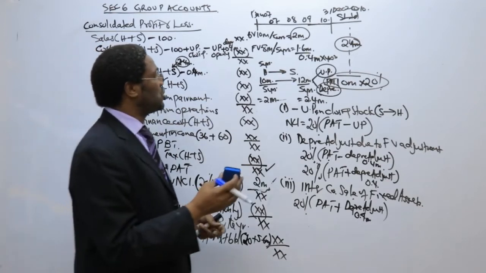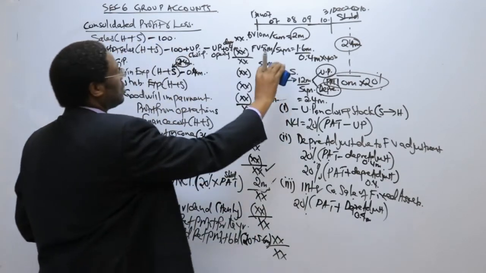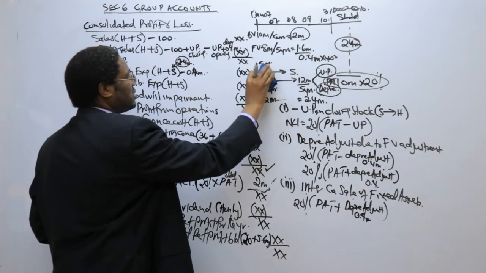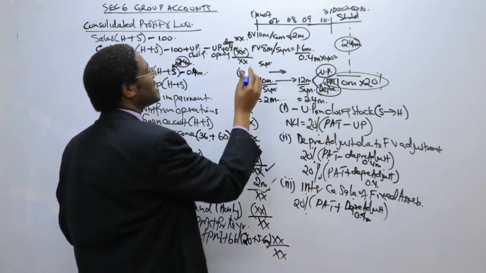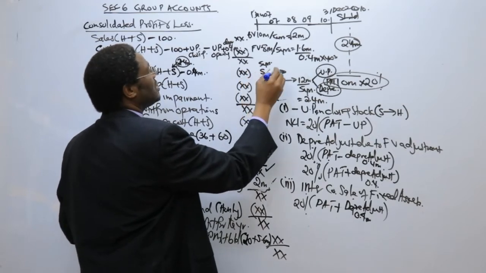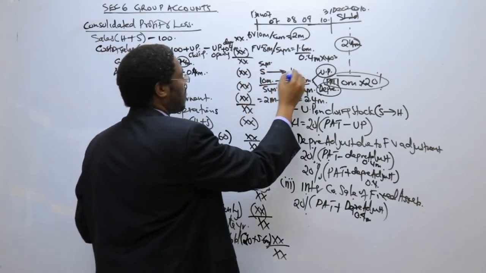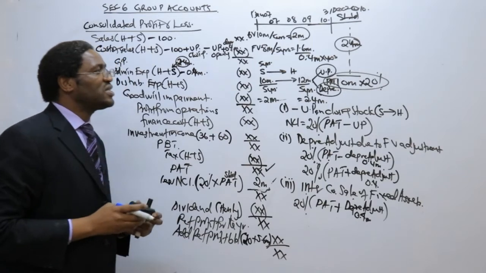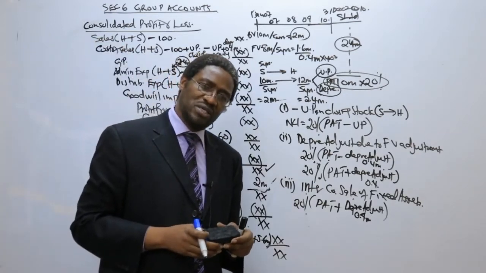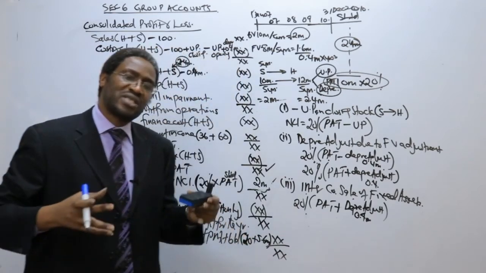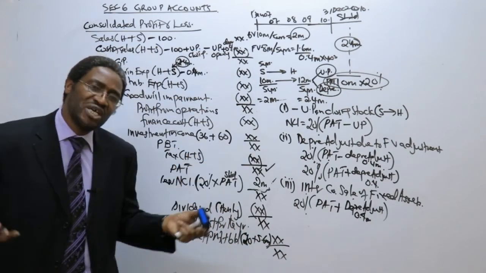So we want to change and now assume not a scenario where H is selling, but a scenario where it is the subsidiary company that sold the machine to the holding. If the subsidiary sold the machine to the holding company, then this time, who is depreciating the asset?